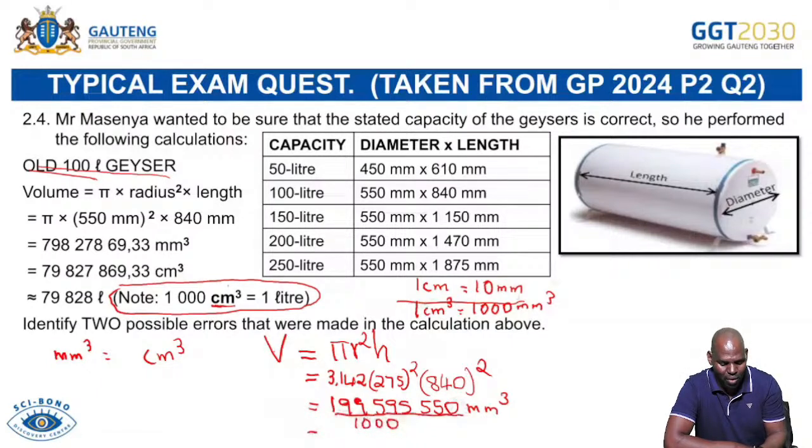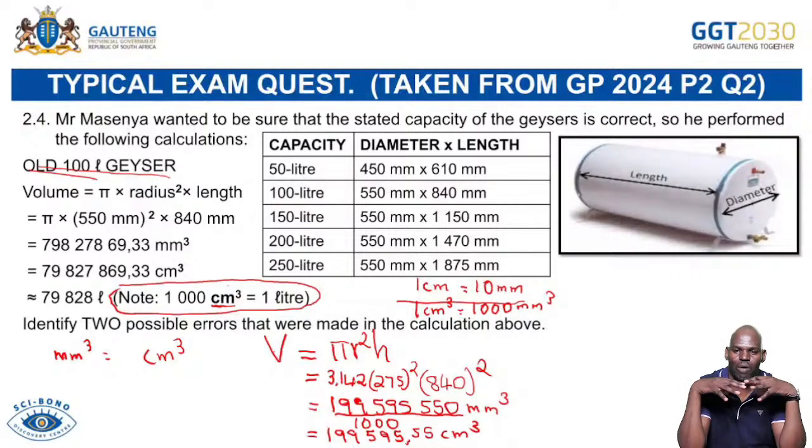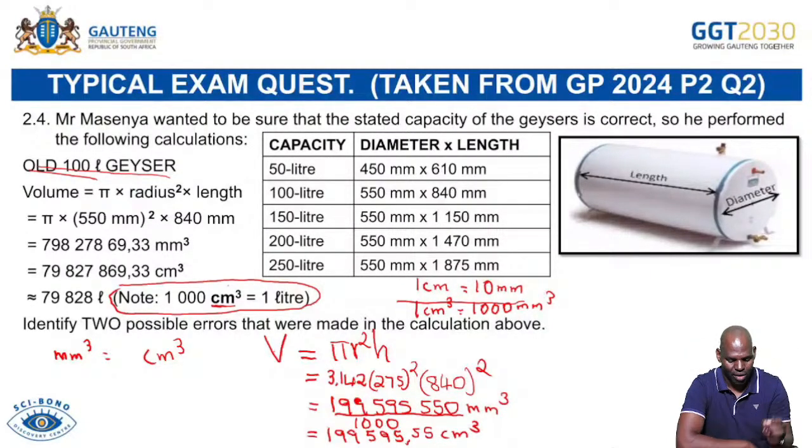Then after dividing by 1,000, it now becomes centimeter cubed. So it must be 199,595.55. It's now centimeter cubed. I have divided by 1,000 to get it to centimeter cubed.